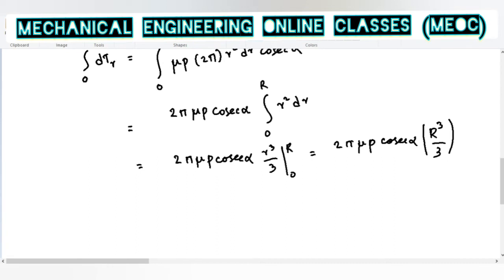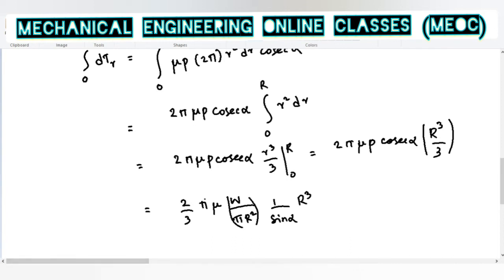So I can rewrite this as 2 by 3 pi mu p, I am rewriting p as W by pi R square, cosecant alpha can be written as 1 by sin alpha, into R cube.